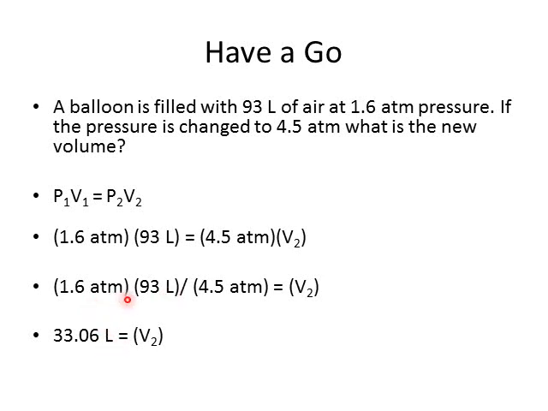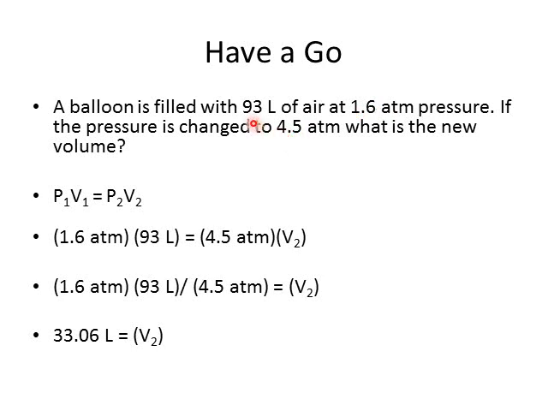When I put these numbers into the calculator, 1.6 multiplied by 93 divided by 4.5, I get an answer of 33.06 litres. Now you can check that your answer is reasonable. Let's have a look and see how. I have 93 litres and 1.6 atmospheres. I notice the pressure increases from 1.6 to 4.5.